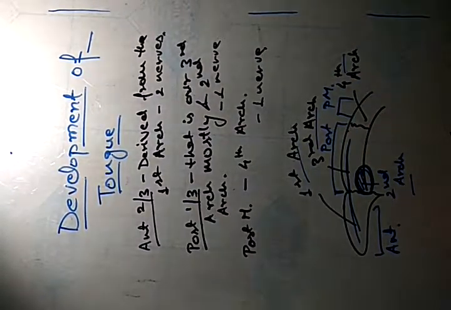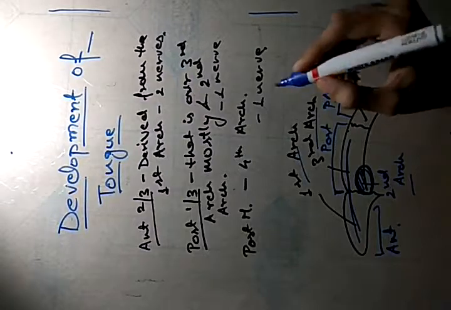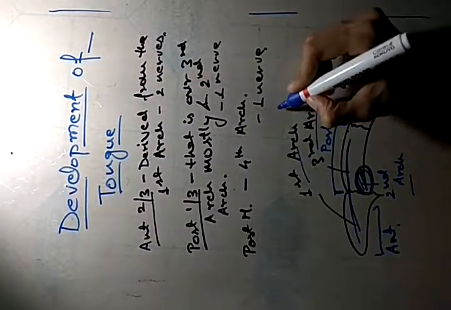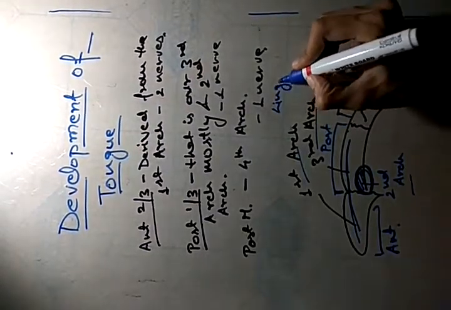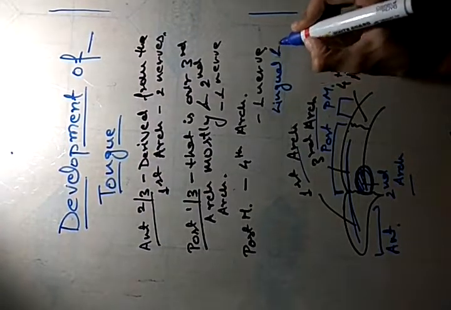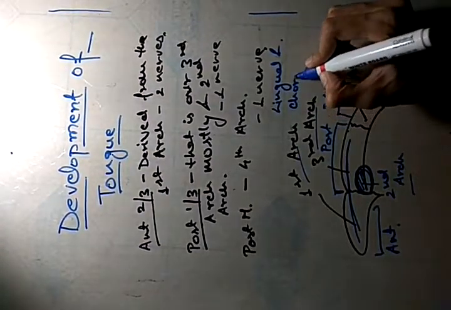Now as per the arches we have our nerve supplies. So first arch, as there are two nerves in this, it is supplied by lingual and chorda tympani.